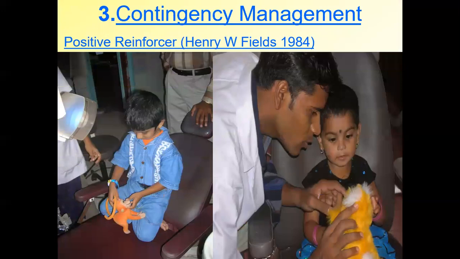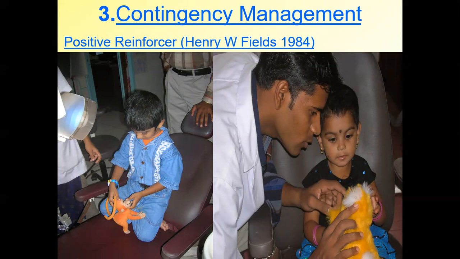So next is contingency management. Contingency management means the introduction or removal of certain reinforcers so that the child will show a positive, gentle attitude. Say for example, when the child is showing a desirable behavior, the way you want the child to sit, you can give a toy, you can give a gift.